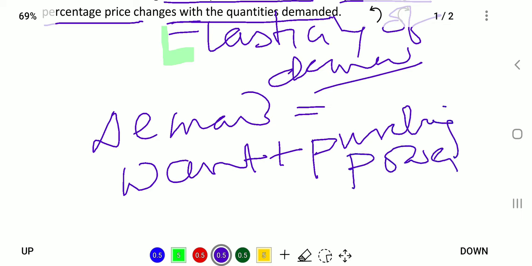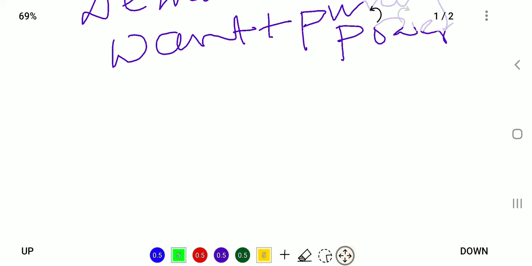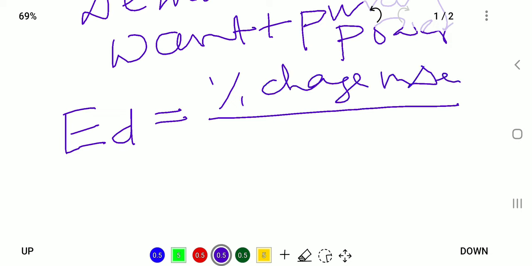So now, what is elasticity? Elasticity is symbolically denoted by ED or eta D, and in the numerator is percentage change in demand, whole divided by percentage change in price.